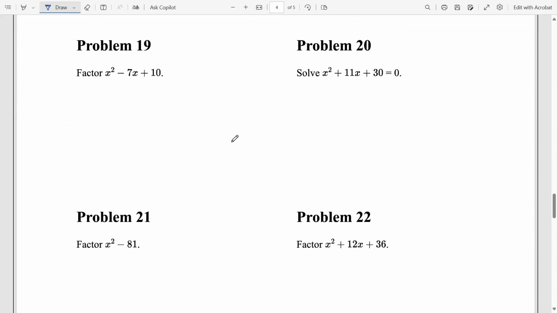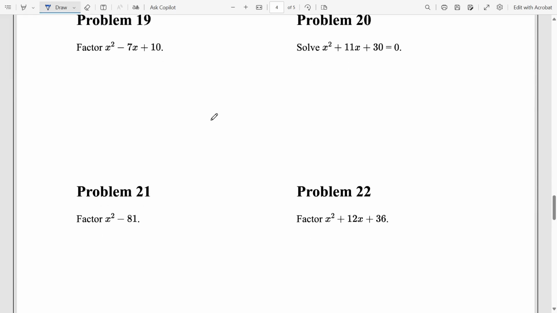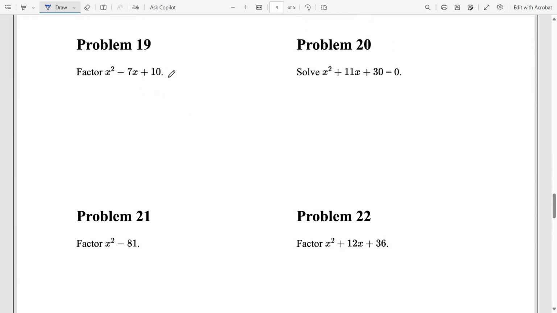So problem 19, this time we're factoring, again, x squared minus 7x plus 10. The last one was plus 7x. We still have our number in front of x squared as equal to 1. I'm going to list the factors of 10 this time, but this time I'm going to stick to negative factors because we're trying to add to a negative 7. So I could multiply negative 1 by negative 10, or negative 2 times negative 5.